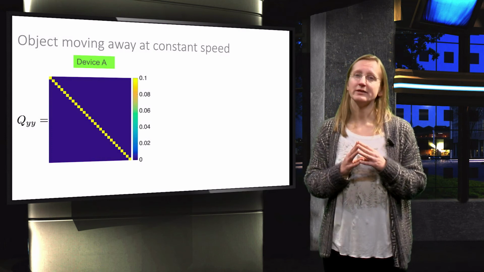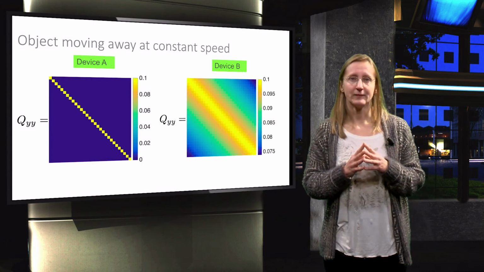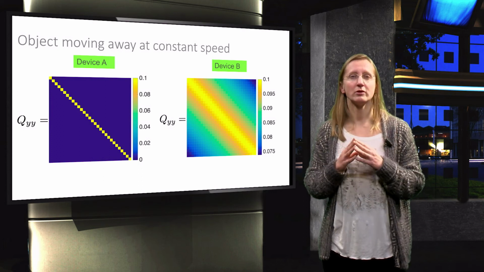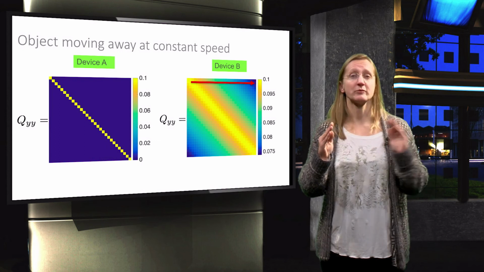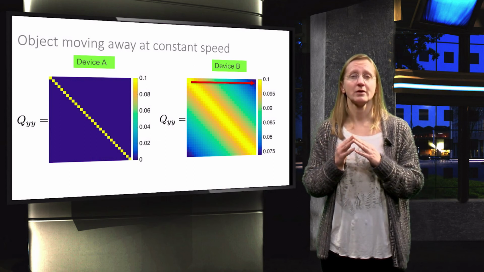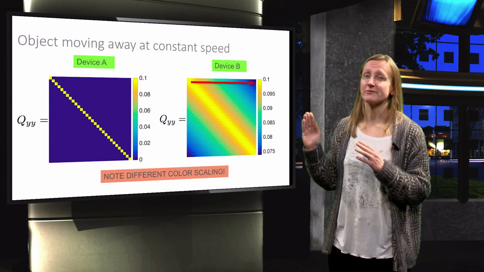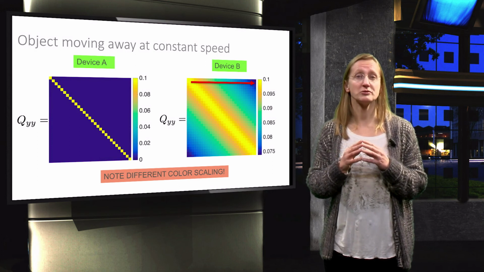For device B, the covariance matrix is shown on the right-hand side. The variances on the diagonal are again equal to 0.1, but the covariances are slowly decreasing away from the main diagonal. Note that the color scaling on the right-hand side is different, and blue in this case corresponds to a covariance of 0.075.